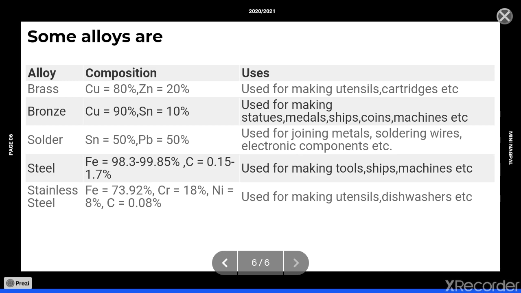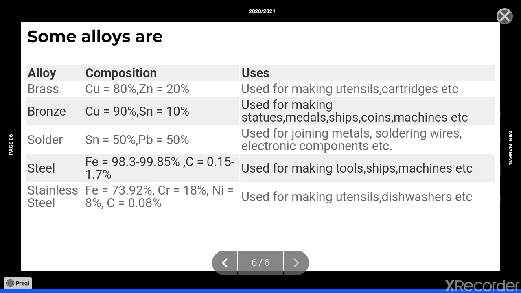Steel is approximately 99% iron and some percent carbon, and is used for making tools, ships, machines, etc. Stainless steel has four components: iron, chromium, nickel, and carbon. This stainless steel is used for making utensils and dishwashers. So these are the alloys that you have to memorize.